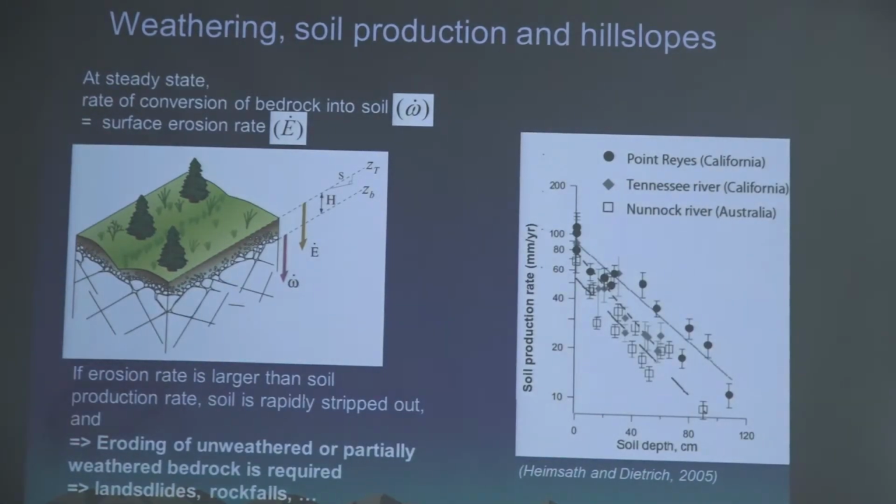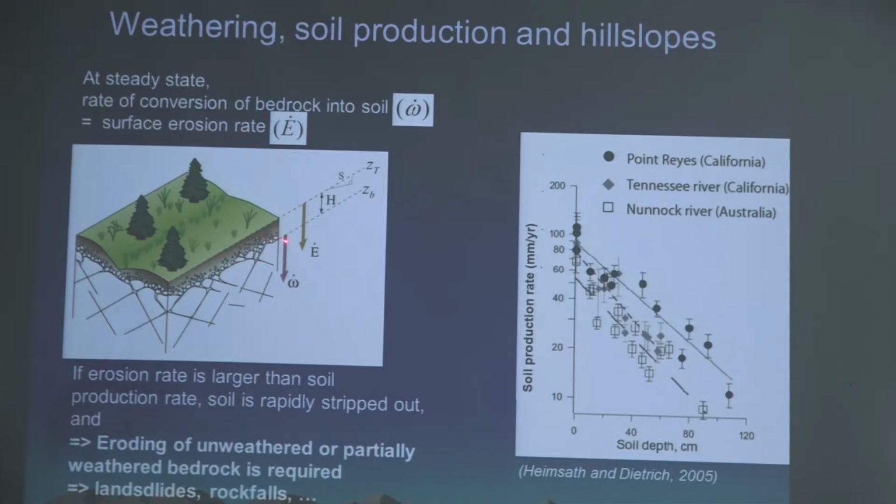And the second thing is when you increase the erosion rate, then in order to evacuate the material by diffusion, so rain splash, bioturbation, you need to have, in all these cases, soil and disaggregated material. So you need to convert bedrock into soil at the same rate, at least, as the erosion rate.